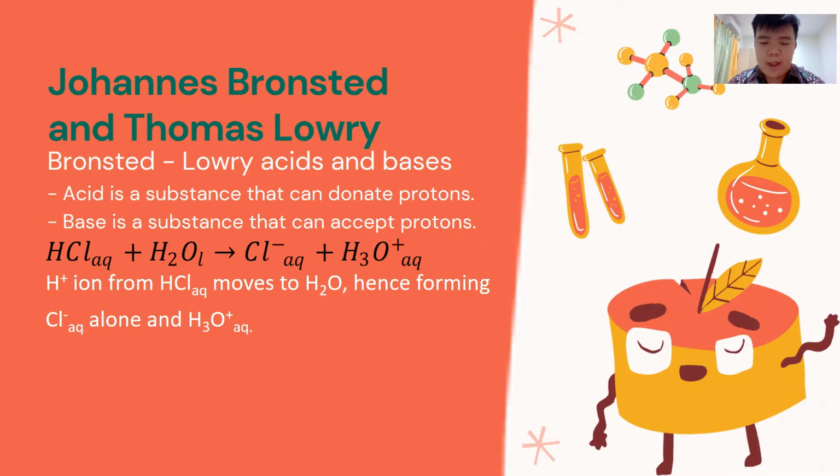For example, when hydrogen chloride is reacted in water, it will yield chloride ion and hydronium ion. Here, the hydrogen ion from hydrogen chloride moves to the water molecule, hence forming chloride ion alone and also hydronium ion.